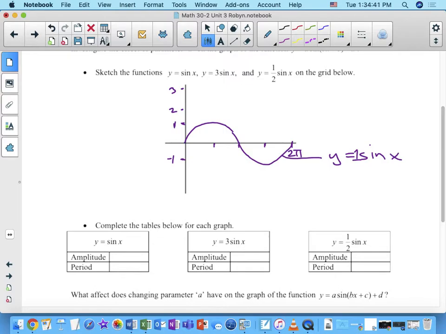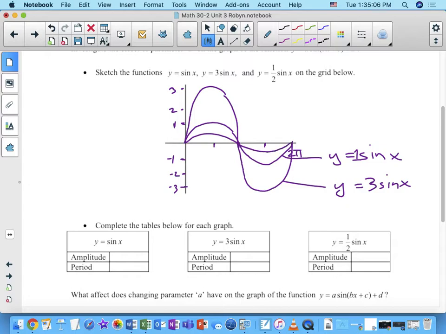Then y equals 3 sine x, and I better put in the negatives down here, -2, -3. And then y equals a half sine x. That's this guy.